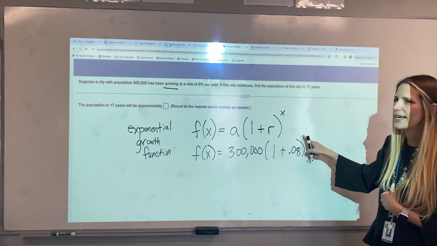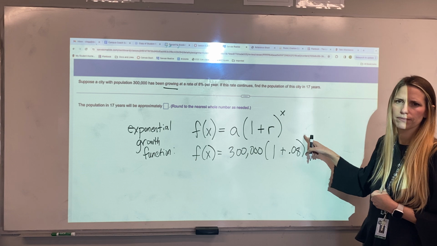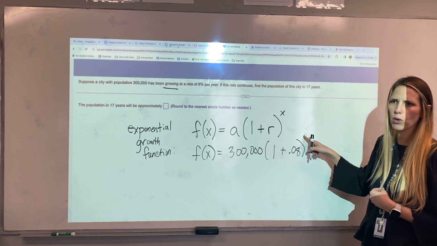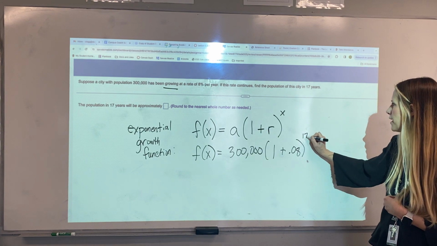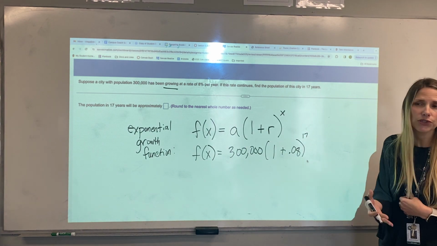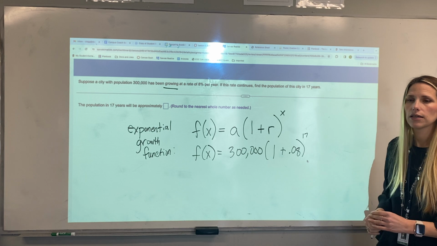Now, our input is what? X is the input. What do we put as our input though? 17. It's 17 for me. However many years it says for you, that's your input.